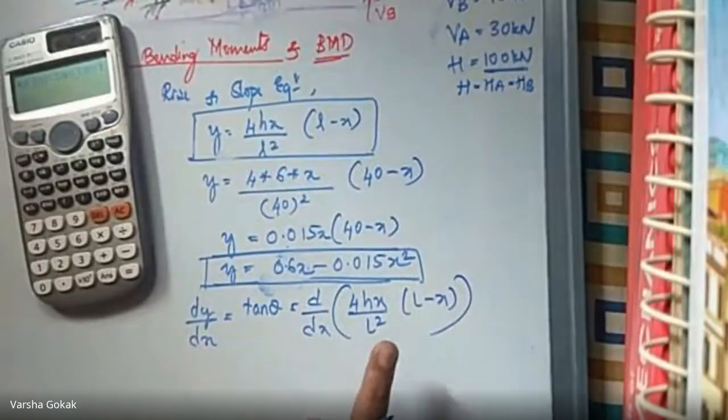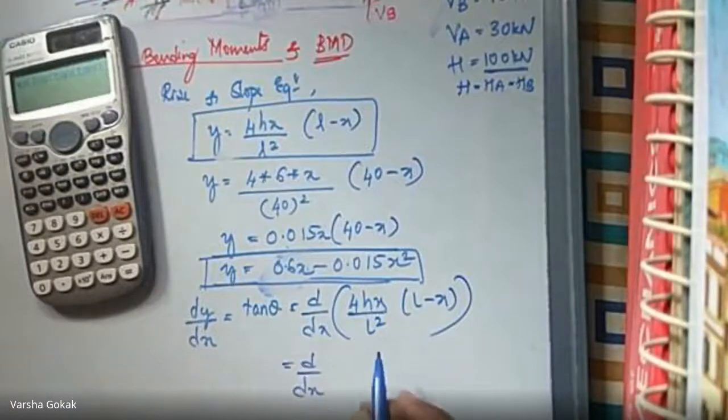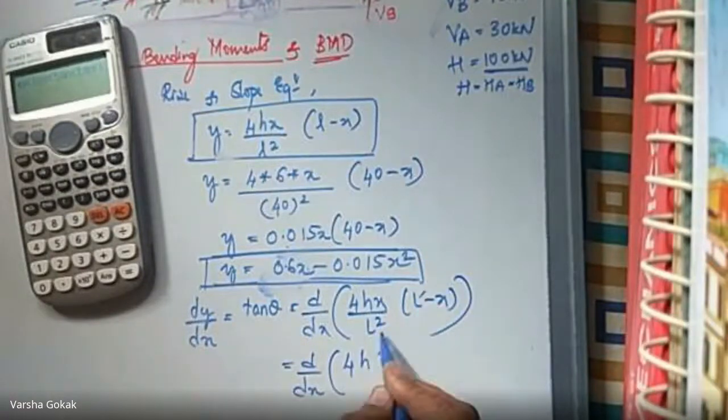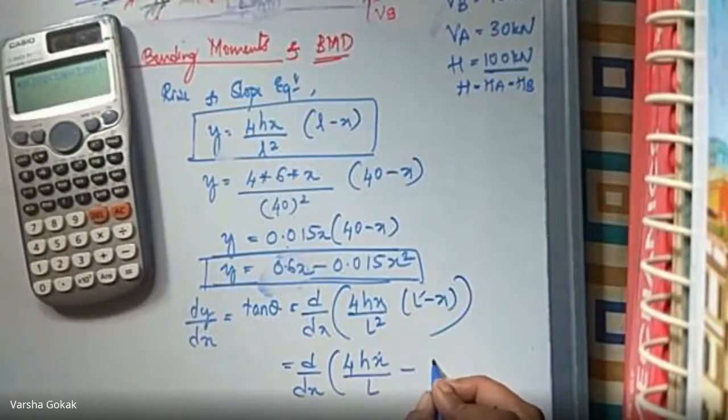So when I want to differentiate this, I will open the brackets. It is d by dx of 4h, L cancels, right? 4hx divided by L minus 4h x square by L square. Okay, we have to differentiate this.